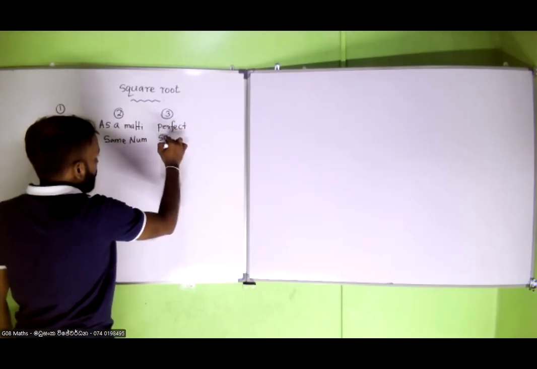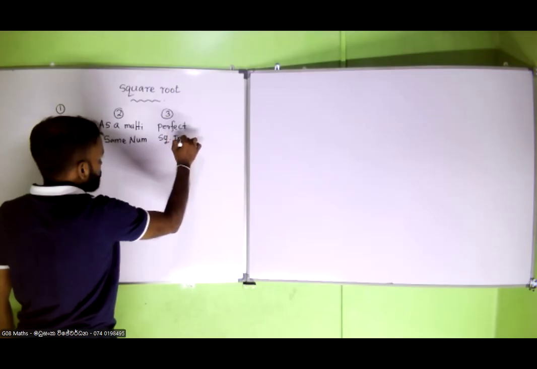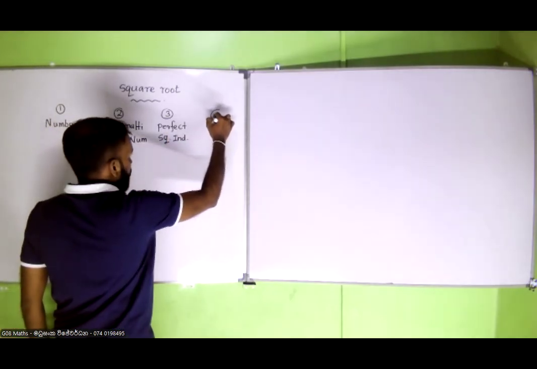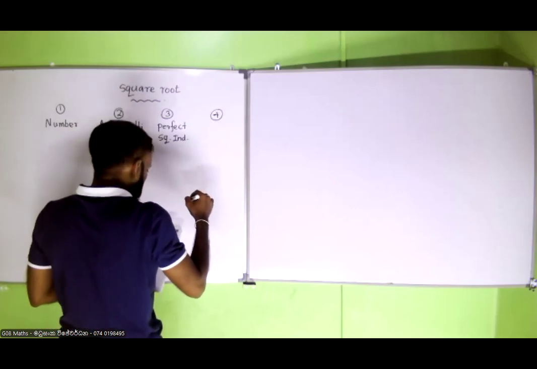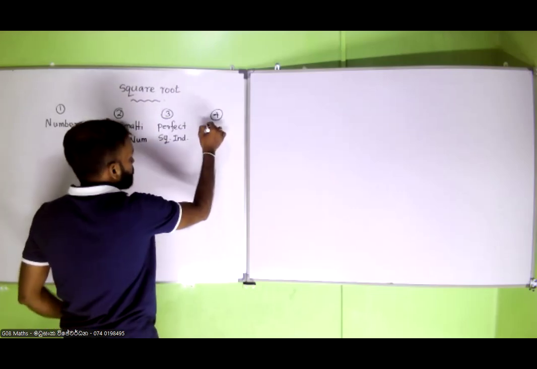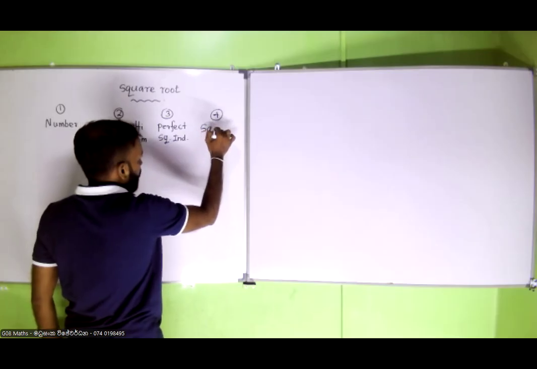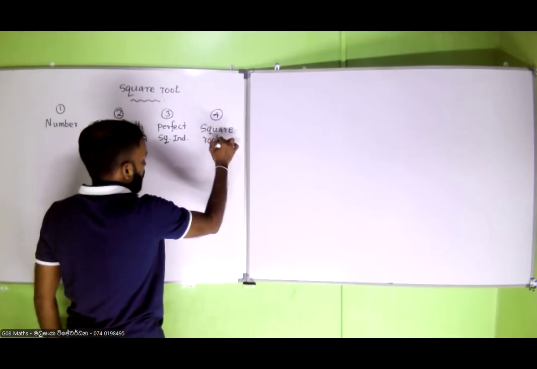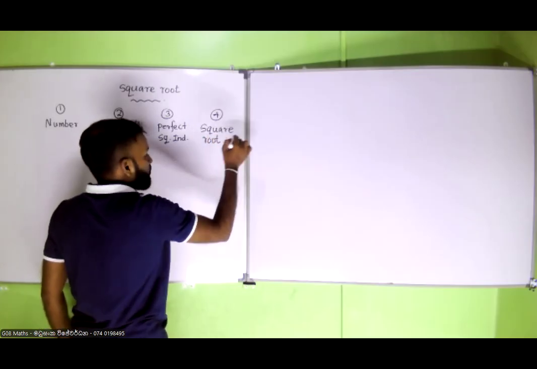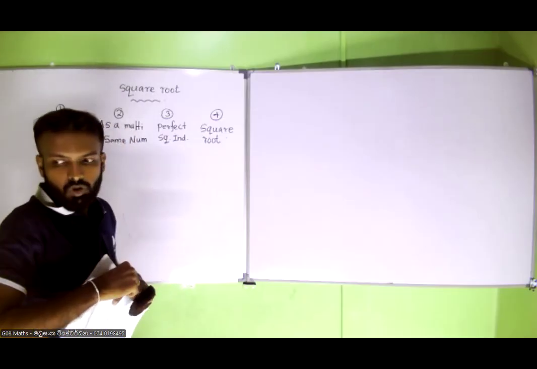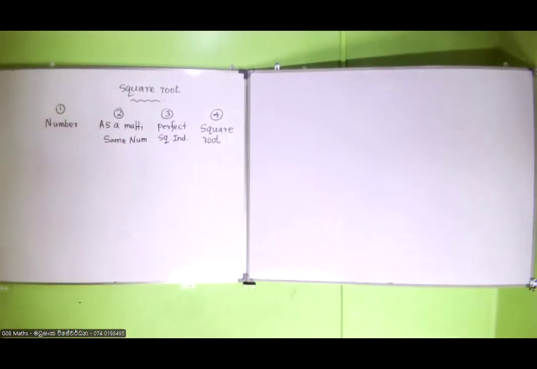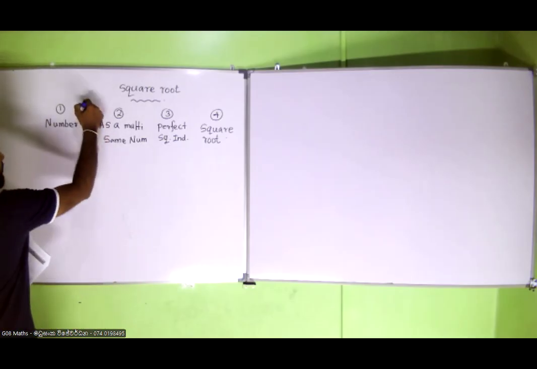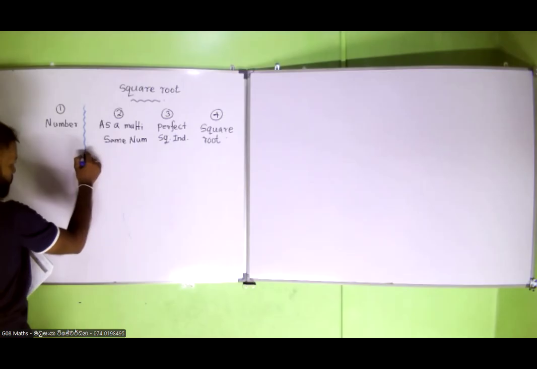Fourth one, the square root of the number. So I'm not going to write all of the names of the columns, but I will explain how to fill this table.